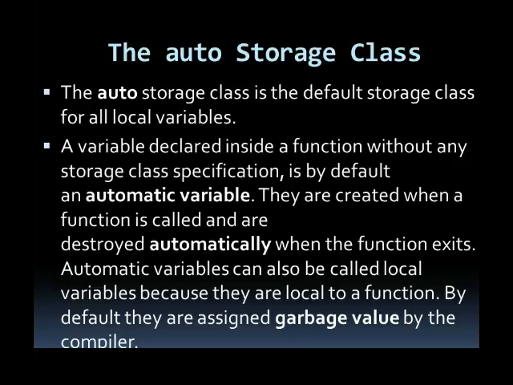Scope tells us the region or a part of a program in which a variable is accessible. Extent is the time period during which memory is associated with a variable. Automatic variables can also be called local variables because they are local to a function. By default they are assigned a garbage value by the compiler.